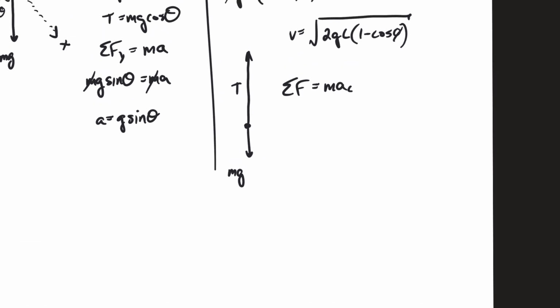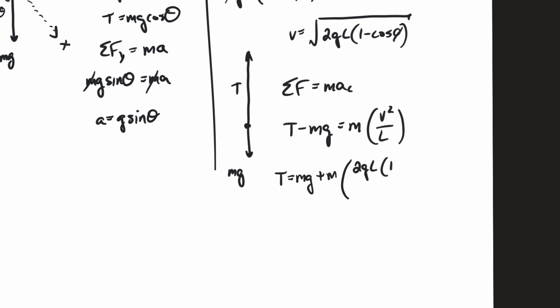That's why the centripetal acceleration rears its ugly head here. And that looks to be tension minus mg equals mv squared over L, right? So T equals mg plus m times v squared, 2gL times 1 minus cosine phi, all divided by L.